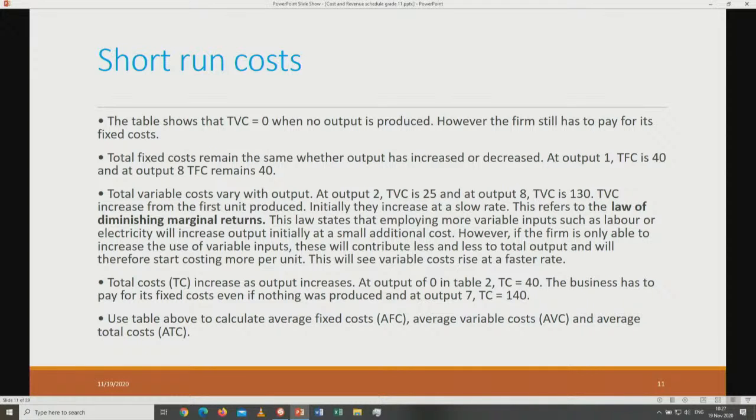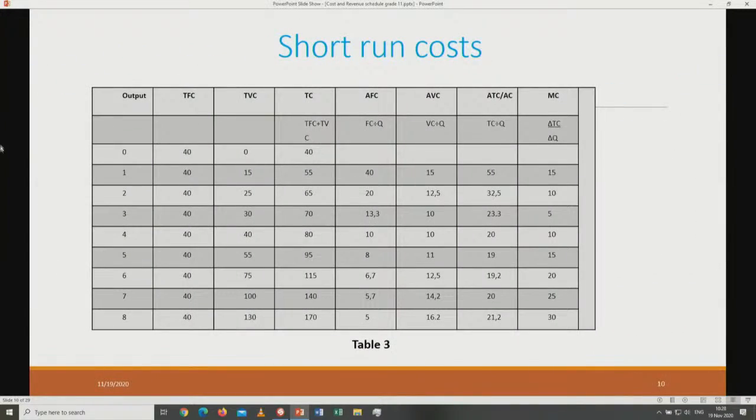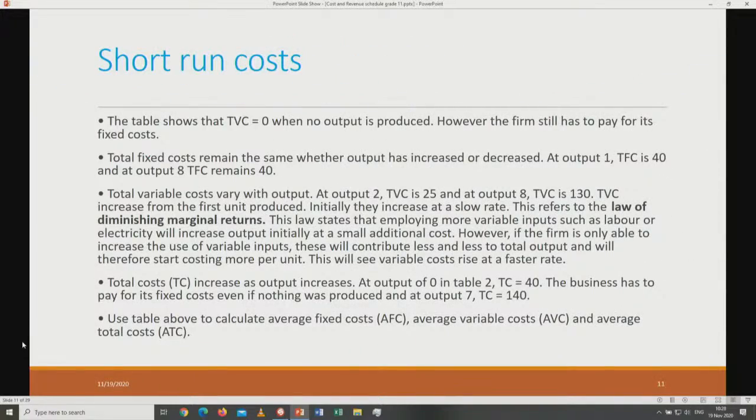And at output number 7, the total cost is 140. Where is output number 7? Here. The total cost is 140. Can you see that? So this total cost increases as we increase our units of production. Okay, that's one thing that you must know about total cost.